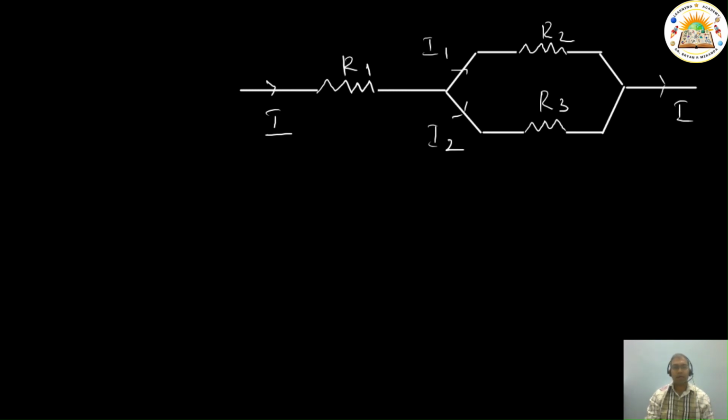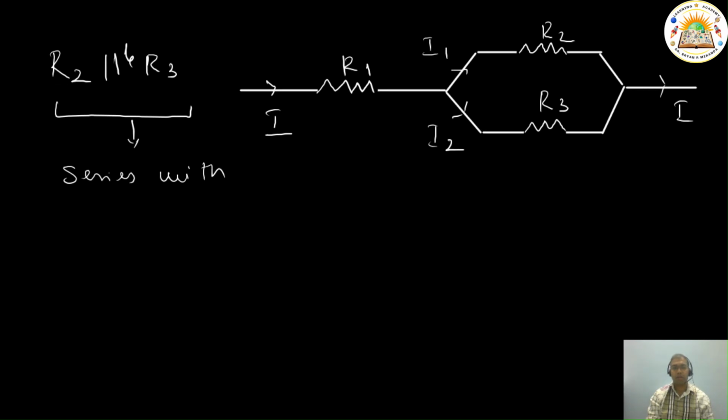Now when we look at it, what do we have? R2 is parallel to R3, and this combination is in series with R1. So that means first you have to solve the parallel combination. Always remember, it's an important thing. First solve the parallel combination.